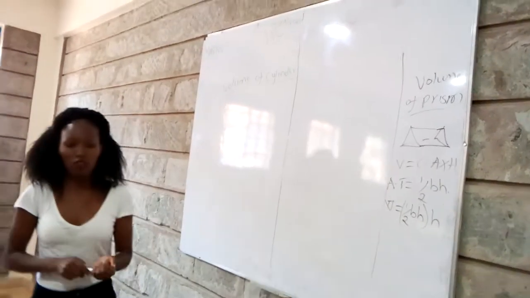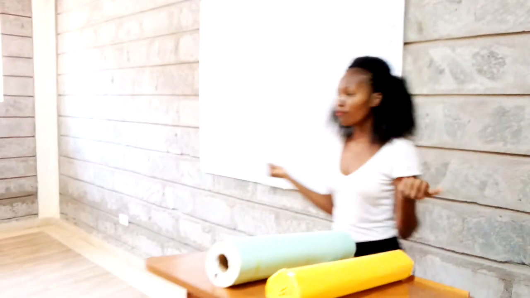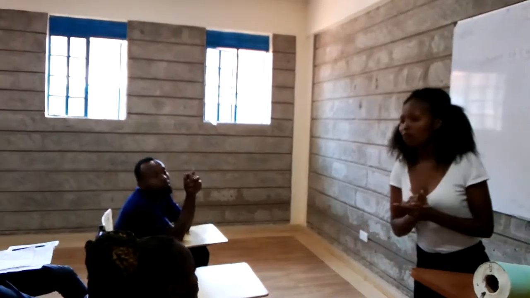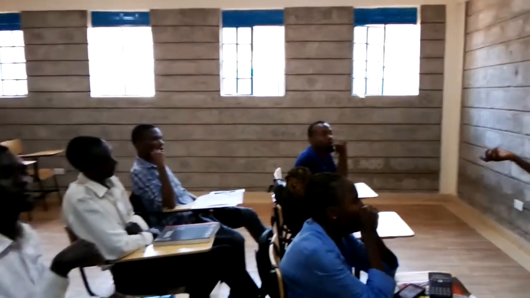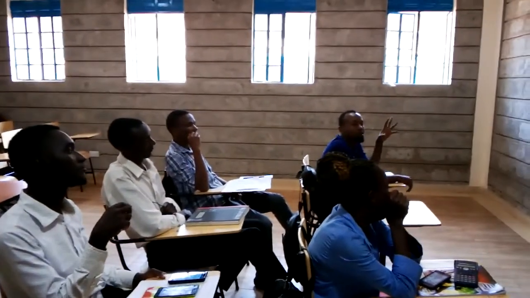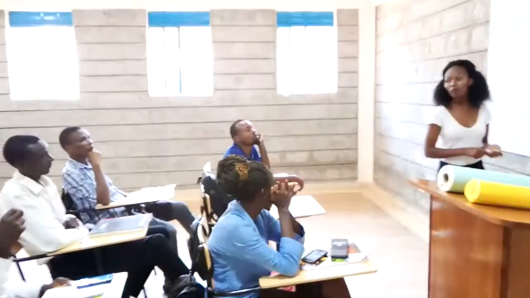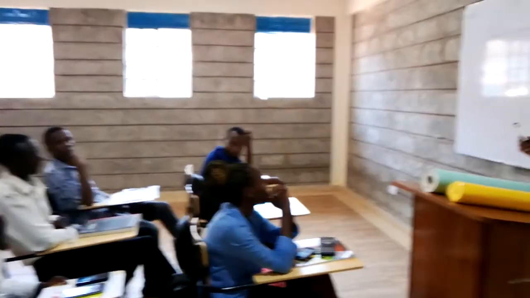Anyone who knows how a cylinder looks like? Anyone with a clue of how a cylinder looks like? Curved surface, circular ends. Exactly. Or anyone with another view of how the cylinder looks like?